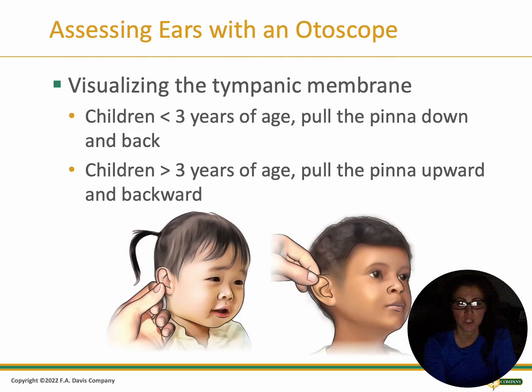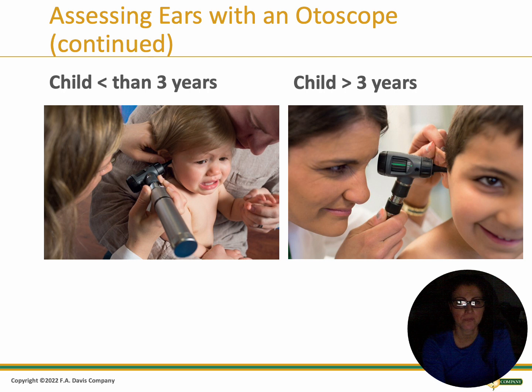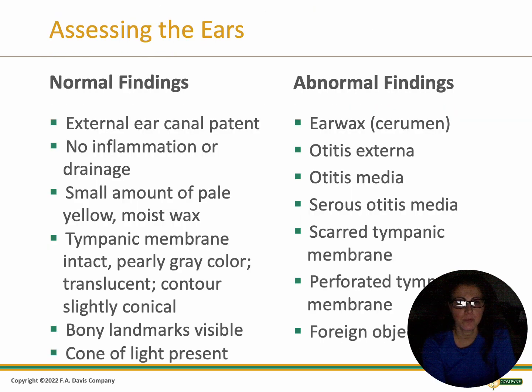So this is a picture of how you would assess the tympanic membrane, and another picture. Normal findings should be normal tympanic membrane, no exudate, no redness, no edema. All landmarks should be visible.